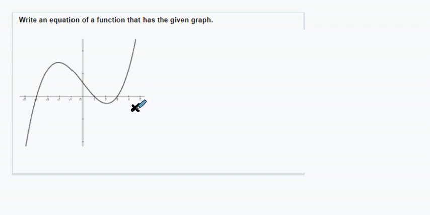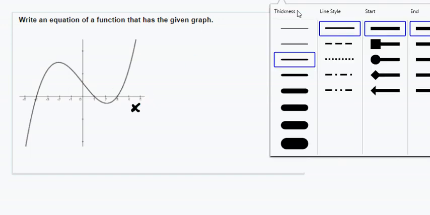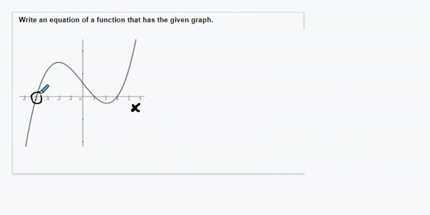Where it crosses, the x-intercepts, are your zeros. So right here is a zero, right here is a zero, and right here is a zero. And all we've got to do is write those down, and then we can go from there.